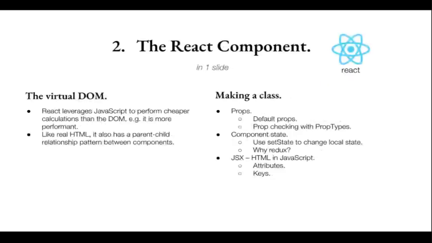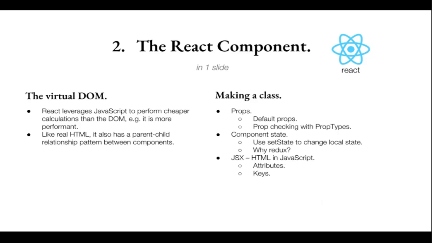All right. So let's talk about React. Let's talk about the React component, which is really the fundamental piece of React. I'm not going to get into everything, but I want to hit the main points here. So what's one cool thing that React does that makes it desirable? Well, let me first establish the problem on a web page.